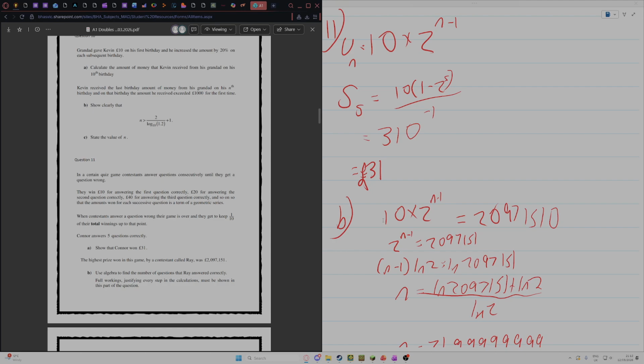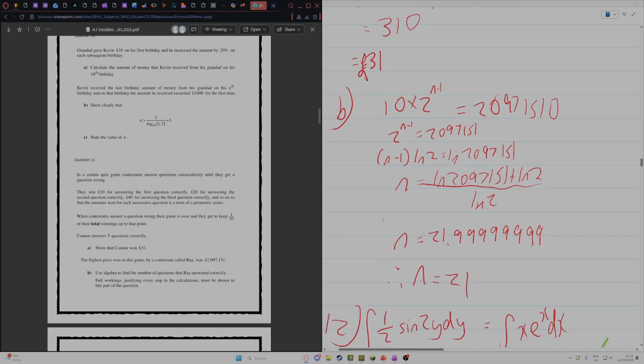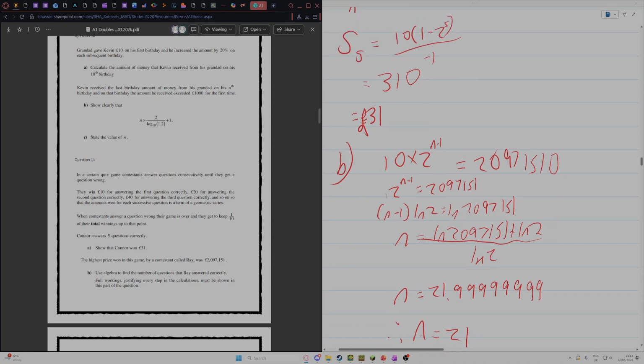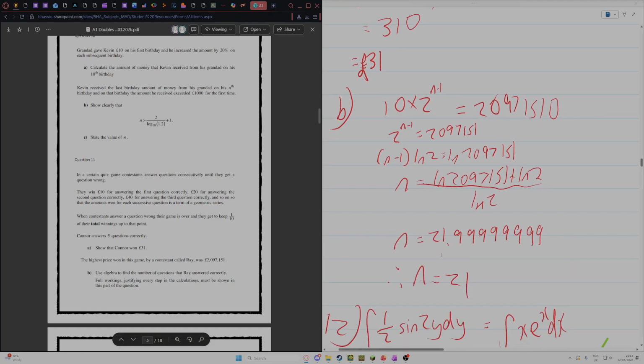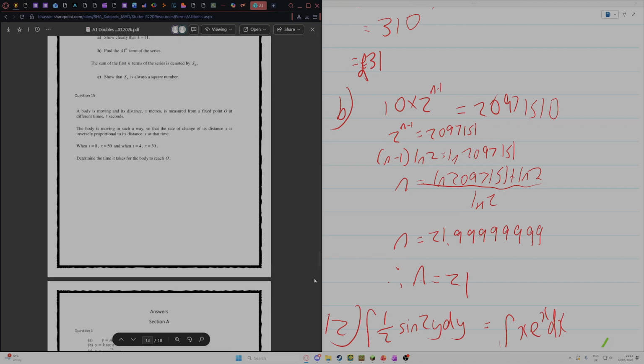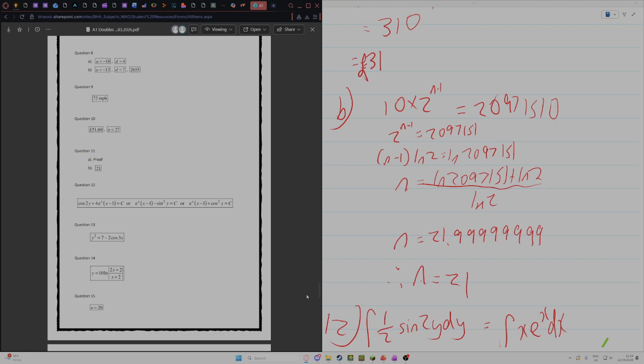What the hell? That is not the correct answer. Well, no, it's the correct answer, but it's not how you get the correct answer, because it should be Sn equals that big number. Sorry, I don't know what I've done here. Is this even right? Question 11. It is right.